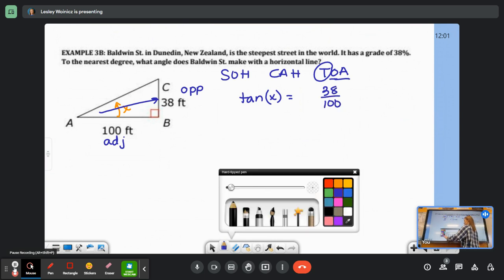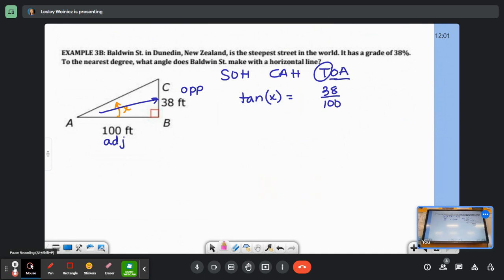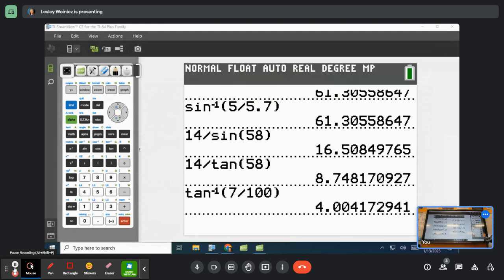How do we undo the tangent? Inverse tangent. So if I do inverse tangent of this side to undo the tangent, I have to do it over here as well. So that gives me X equals the inverse tangent of 38 over 100. So I can do inverse tangent of 38 divided by 100.